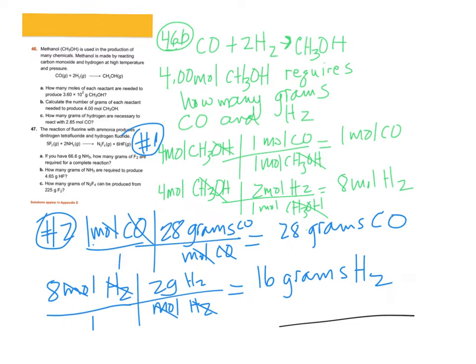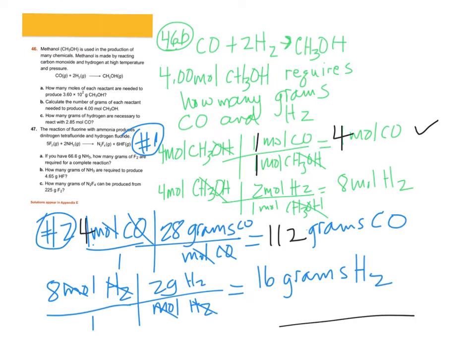In the first step, we need to take 4 moles of CH3OH and figure out how many moles of carbon monoxide were required. Here I've set up, using dimensional analysis, the relationship of carbon monoxide to CH3OH. From looking at the balanced equation, it's 1 to 1, and 4 times 1 divided by 1 is 4 moles of CO.